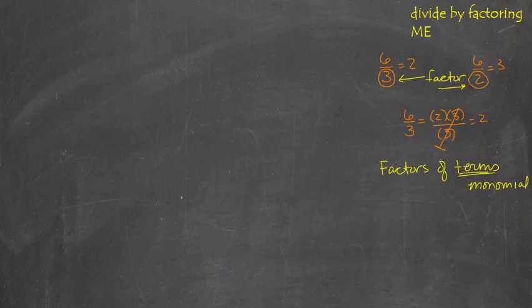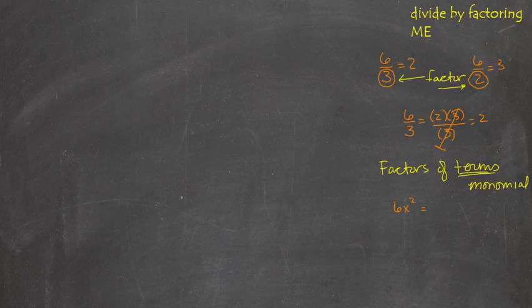So if we do the same thing with a monomial, we're looking at something like factor 6x squared. So we want to factor 6x squared into all of its factors. Well, we already know that the factors of 6 are 1, but 1 is trivial, and we don't tend to write it because if we wrote it once, we'd have to write it a million times, and that's crazy. We just want the factors that matter when we're operating the number.